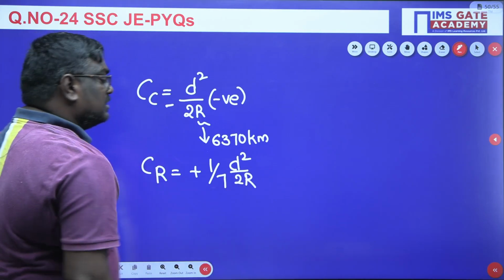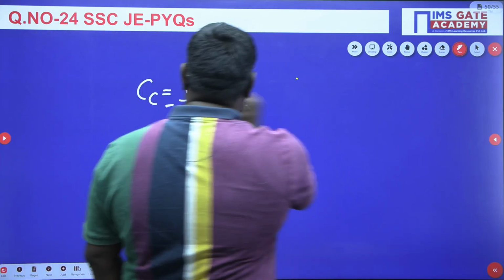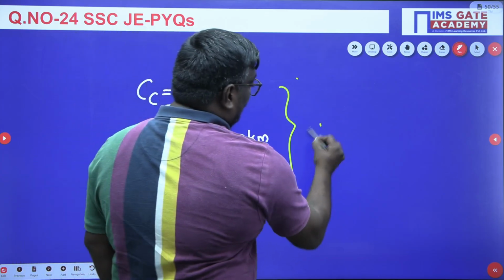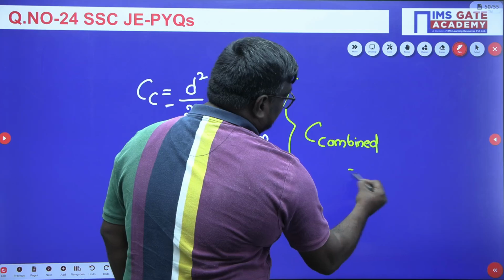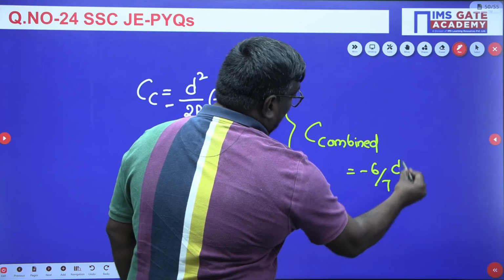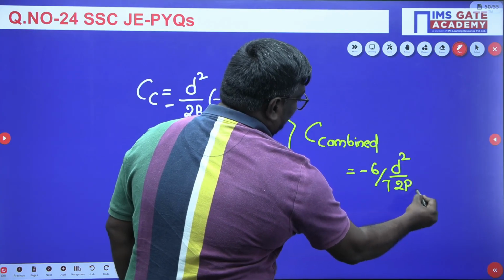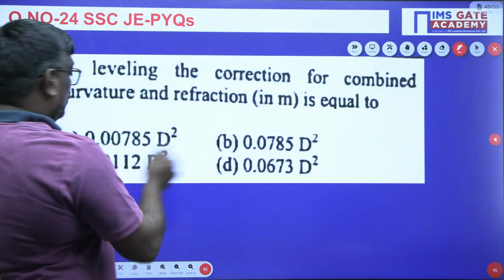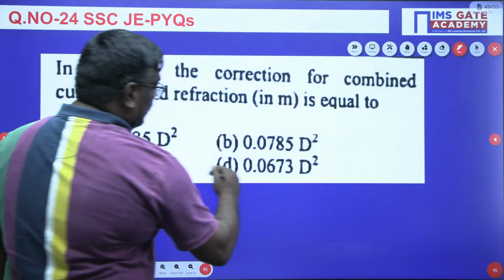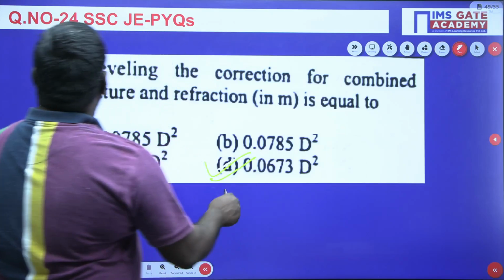When I talk about the combined correction, this will be equal to minus 6 by 7 d square upon 2r. If you substitute r in kilometers, you will get a value of 0.0673 d square. This option D is the right answer.